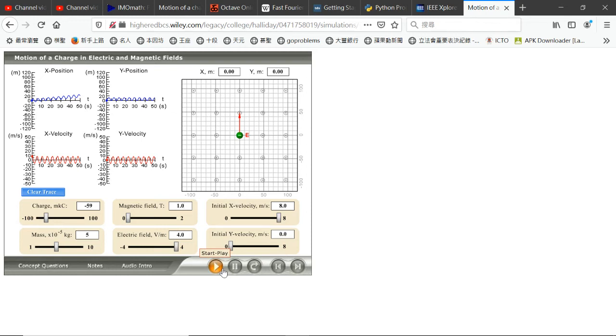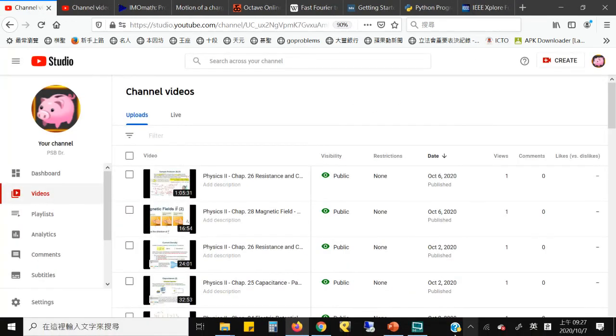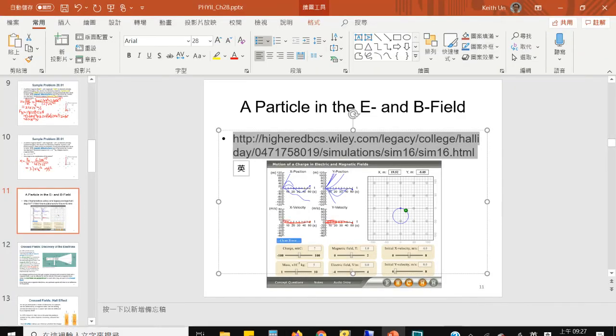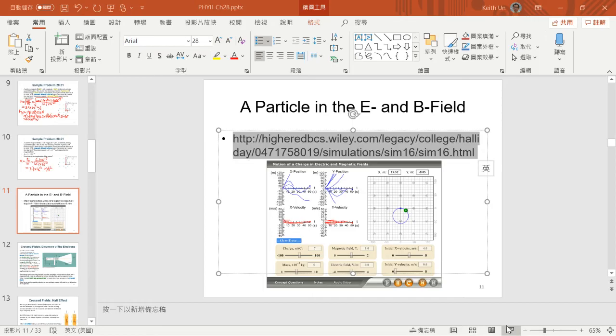So it will not look like a helix. Or if I further change it, it will look very interesting. So okay, let's come back here.